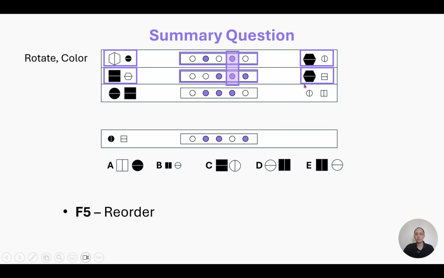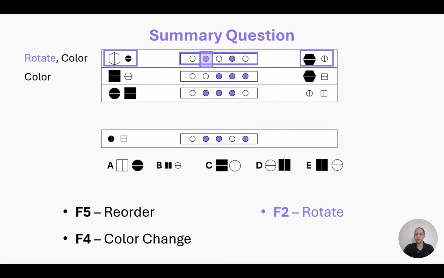And looking at these two pairs here, in row 2, we need to ask ourselves, if I know that these shapes are going through either rotation or a color change, which one of these actions have these shapes gone through? And the answer is, of course, color. Okay, they did not rotate. The change was color, and therefore I can immediately deduce that F4 stands for color change, and as a result, F2 will stand for rotation.